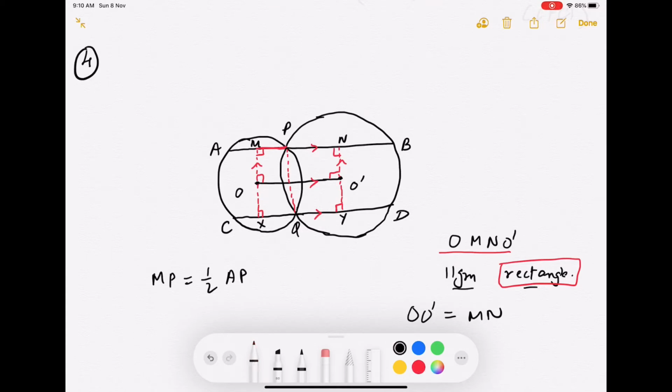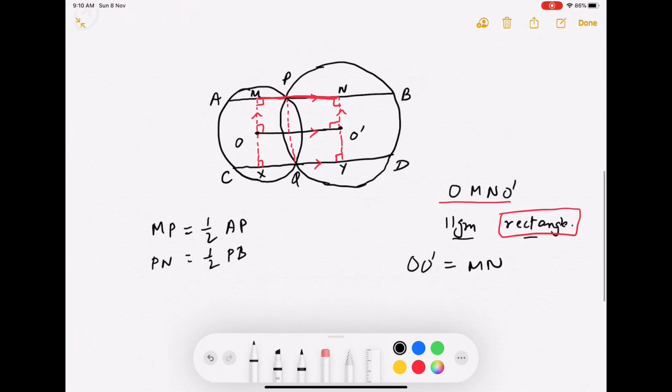Similarly, for the other circle with center O dash, N is perpendicular to the chord PB. Therefore, I can say that PN, this smaller part, has to be half of PB for the same reason. Now, if I add MP plus PN, I have half of AP plus PB.